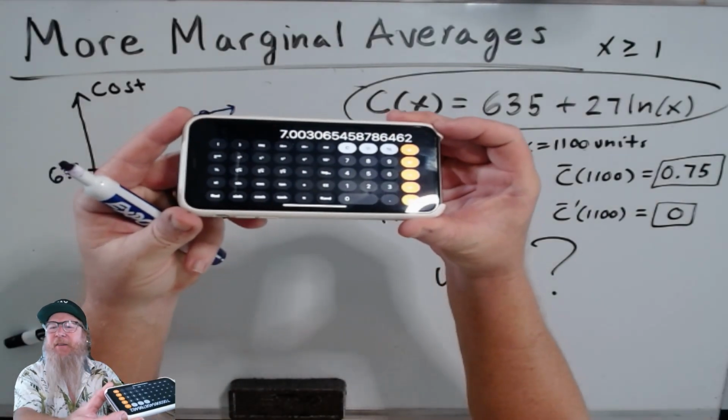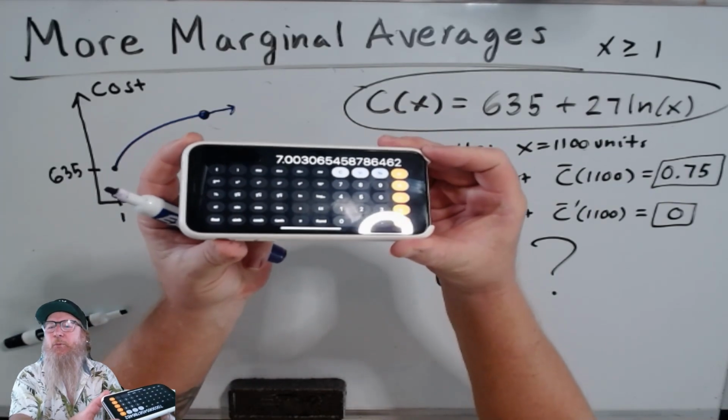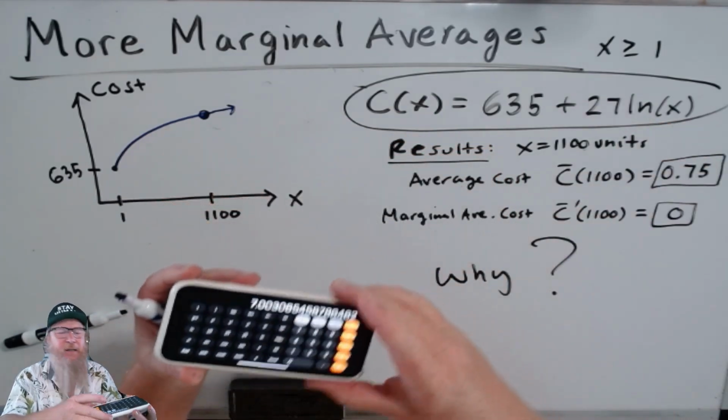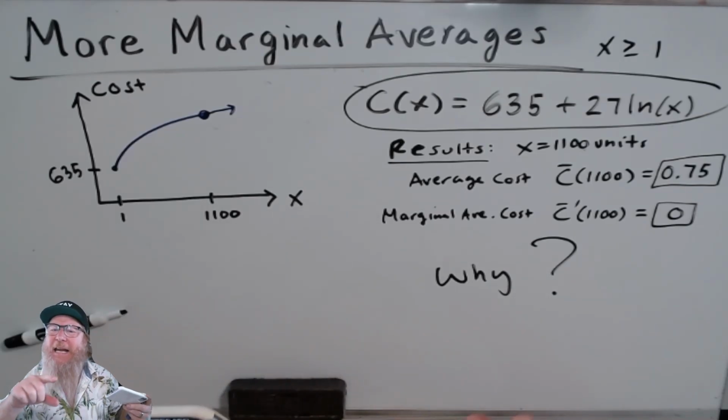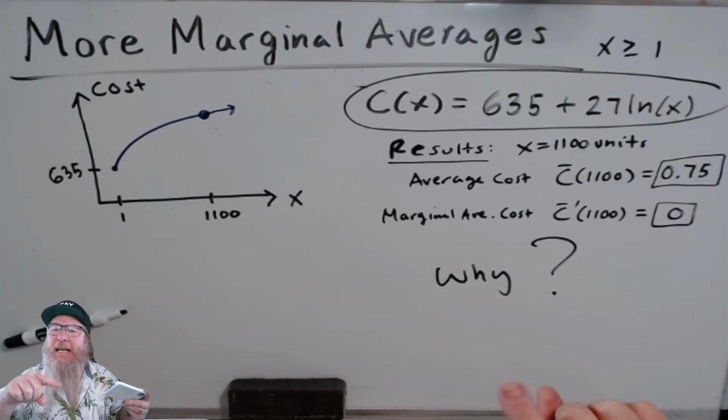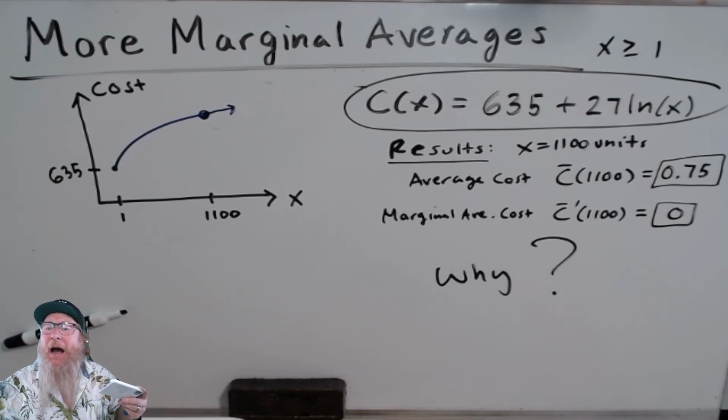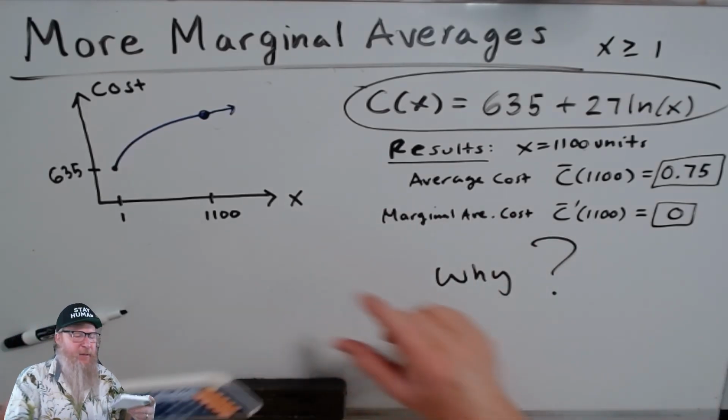That's about 7. Which is interesting. The natural log of 1,100 is about 7, which means that if you took e and raised it to the 7th power, you would get approximately 1,100.